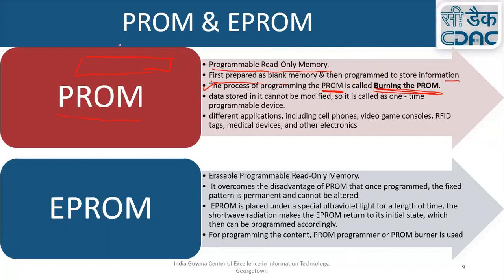Once you burn your PROM, meaning you write the data inside it, you can never change this data. Data stored cannot be modified, so it is called a one-time programmable device. Only one time you can write the data, and once you write something inside the PROM, you can't change that particular data.